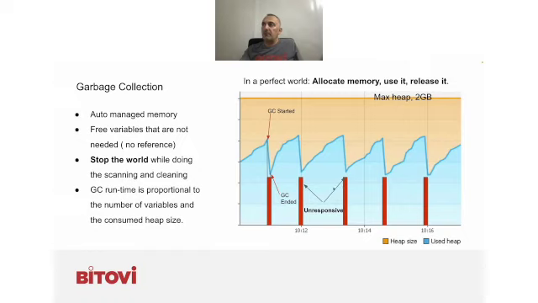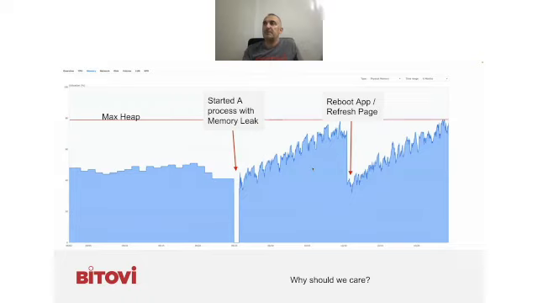Horizontally, it's the amount of time being taken by the garbage collector. These are the times where our server is not responsive, or our UI is not responsive in a browser. So we really need to keep this time as small as possible.